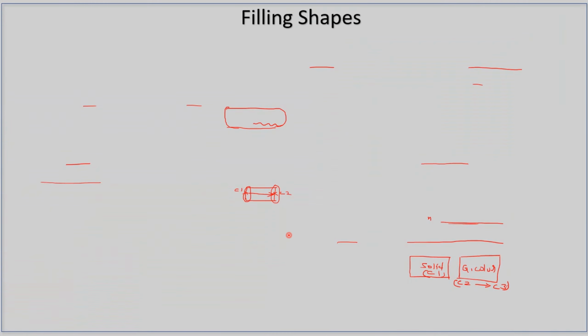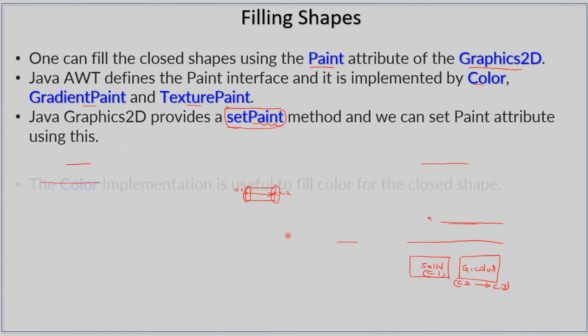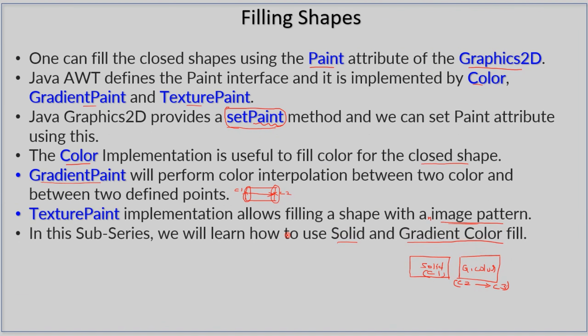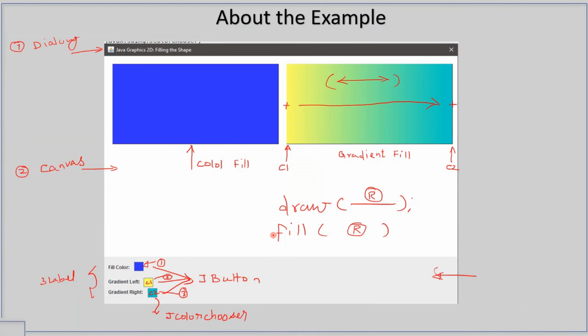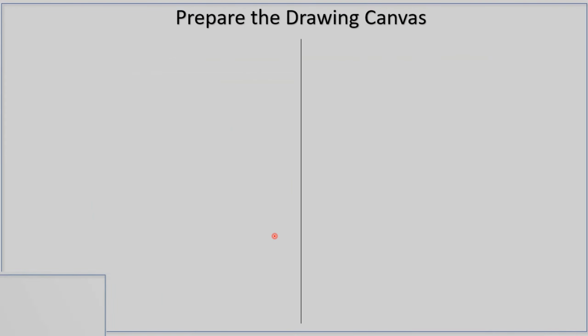Alright, now we will go ahead. First we learned about the shape filling basics. Then we talked about the example. So we will extend a class from this AWT canvas. Then Swing's JDialog.